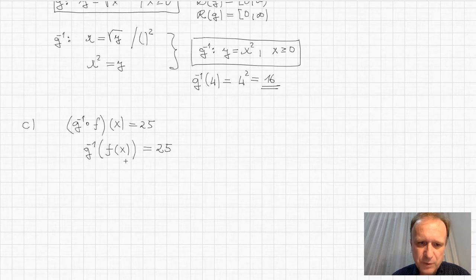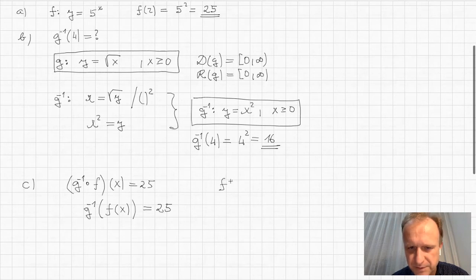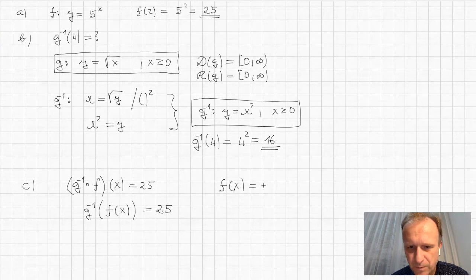Okay, so this is what we have to solve. We know the formula for f of x. I will just copy it here. So f of x is given by the formula 5 to the power of x, and g inverse of x is given by the formula x squared.